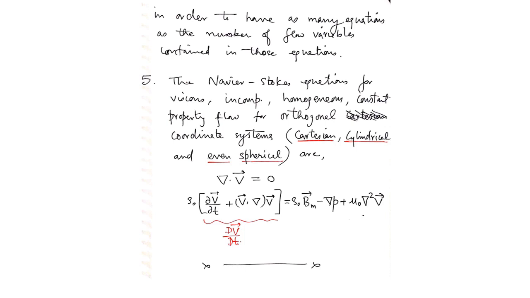तो Navier-Stokes equation जिनकी मैं बात कर रहा था viscous incompressible homogeneous constant property flow के लिए orthogonal coordinate systems में you can see finally this is the last point that I want to summarize: del dot v equals 0 and rho equals rho naught.